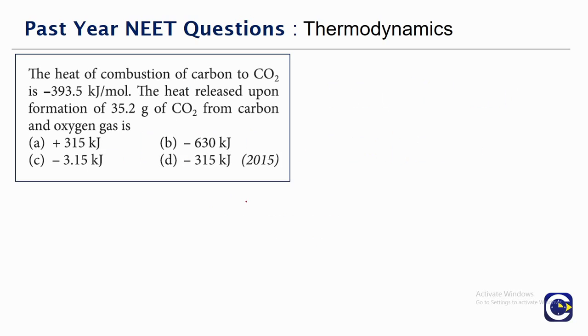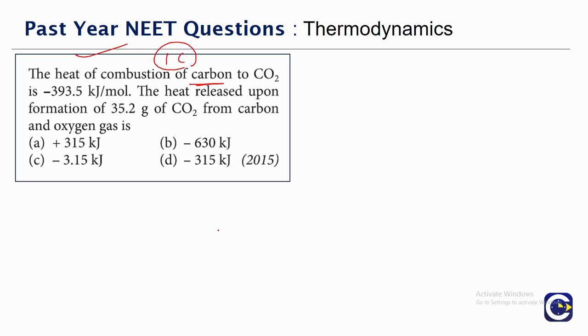So we'll start with a question from 2015. The heat of combustion of carbon: if you take 1 mole of carbon and burn this in the supply of oxygen, then we are going to get carbon dioxide. So that is what we call the heat of combustion.